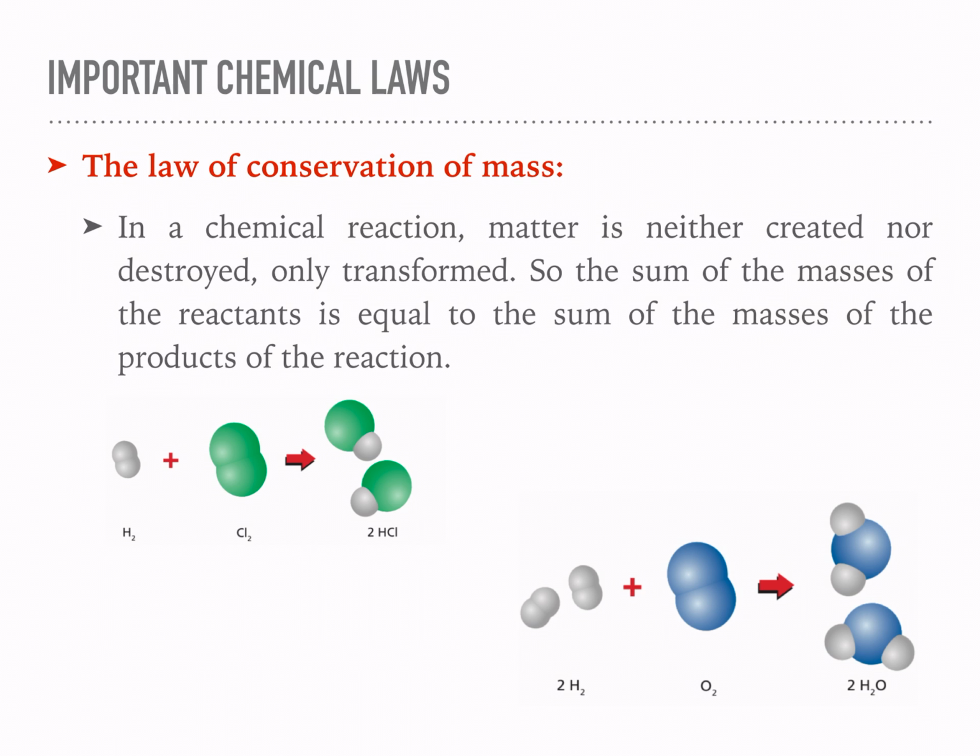We have two atoms of hydrogen in the beginning, and two at the end, and two atoms of chlorine in the beginning, and two atoms of chlorine at the end. So it's the same atoms, because we said a chemical reaction is just a rearrangement of atoms. Nothing is created or destroyed, they are just changing position.